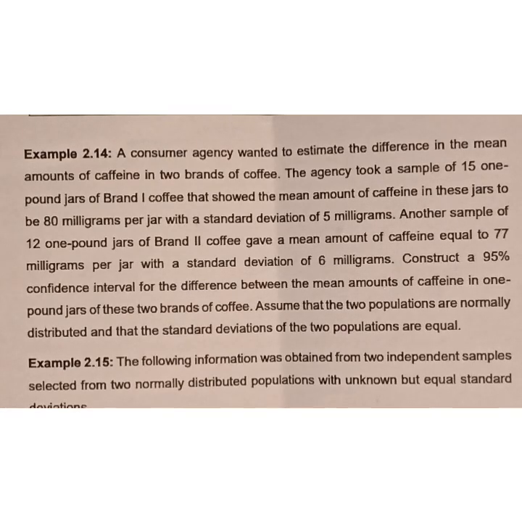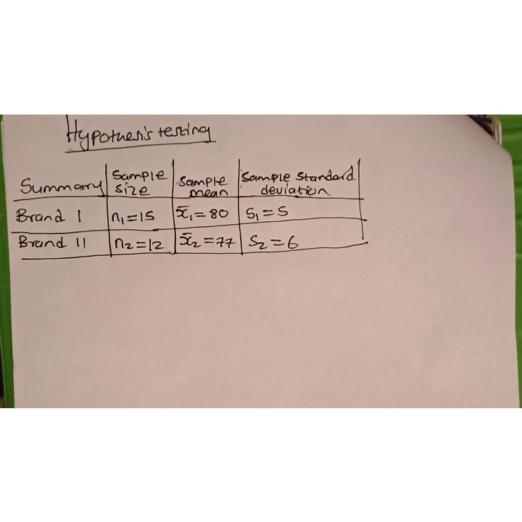So let's begin. We need to state our null hypothesis and alternative. But before going further, let me summarize the data, what we are given. This is our summary from the given exercise. We have to use this to conduct our hypothesis testing.